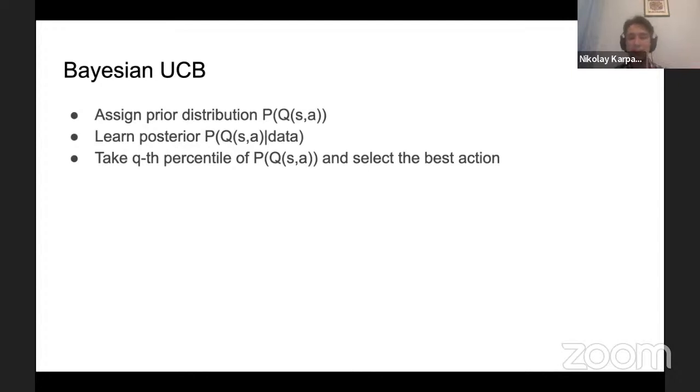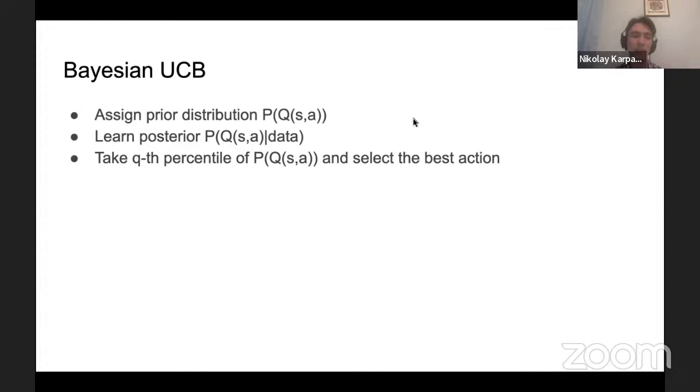So as we already know something about the problem, we can assign some prior distributions to the actions for our algorithm to train. For example, if you're training the control of the autonomous vehicle, you can assign prior distributions to different actions where the prior Q value for very intensive acceleration would be less than for less intensive acceleration.